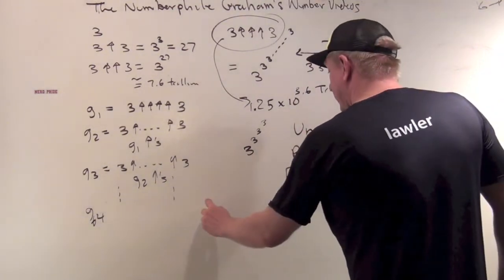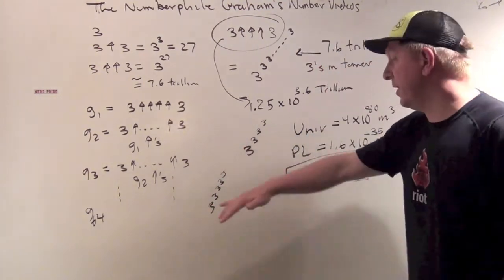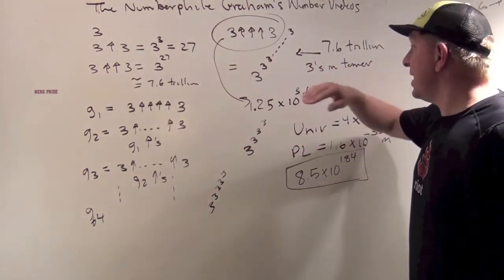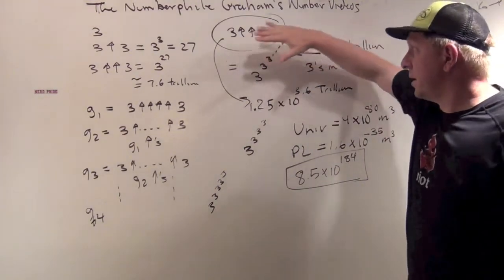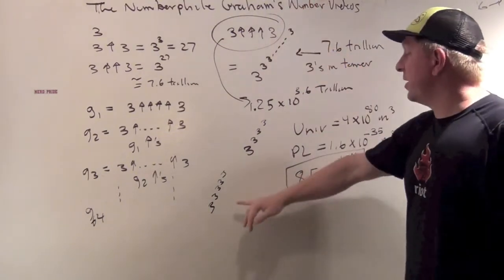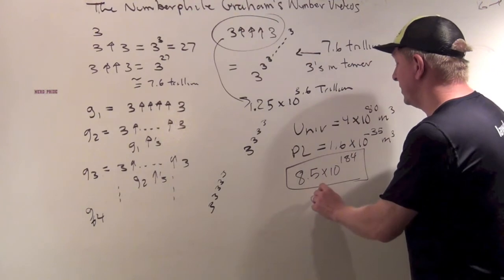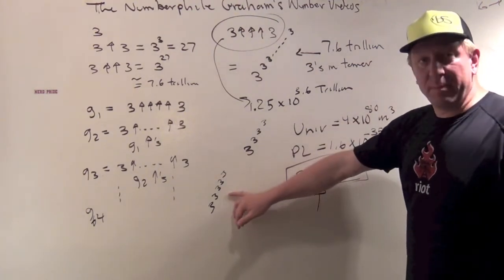But the next one, 3 to the 3 to the 3 to the 3 to the 3, with 5 3s in the tower, I don't. So already, if I cut this number off, instead of having 7.6 trillion 3s tall, at 5 3s, I'm already bigger. I already have a number that's too big.